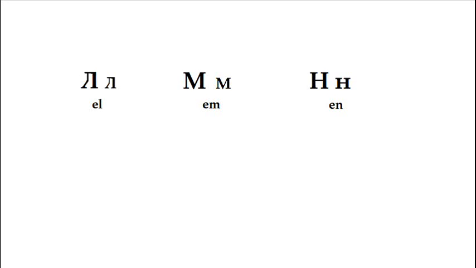So when you see this letter, it is not an H, it is an N. N. Okay, so there we are. Very simple. 3 new letters. Nothing as difficult as и краткое. To sort of understand, it's just L, M, N.